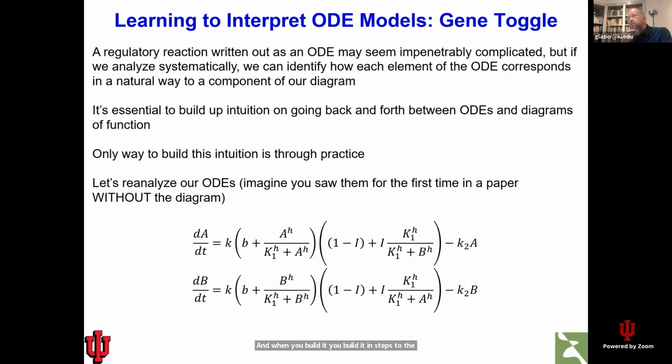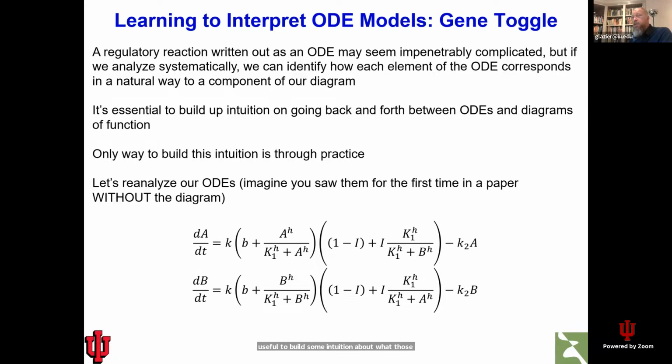But a lot of times when you're reading a paper, you'll see a set of differential equations, some long set of differential equations. And it's useful to build some intuition about what those differential equations mean.